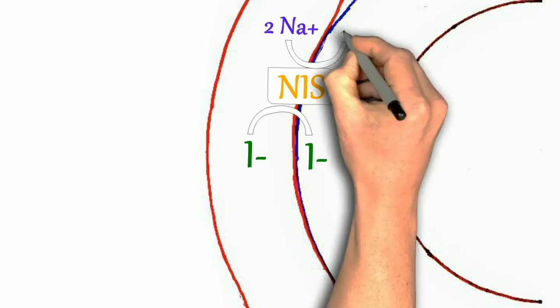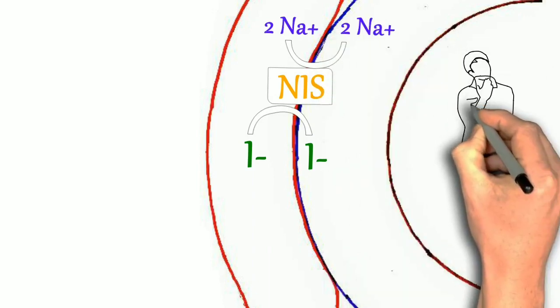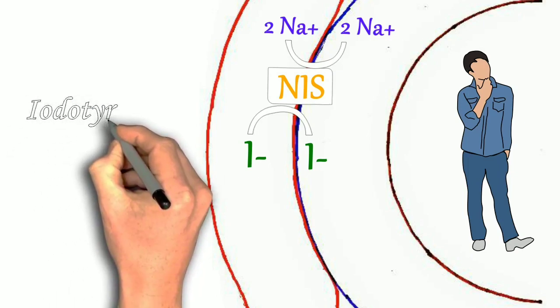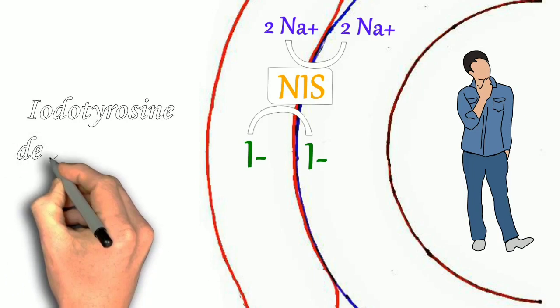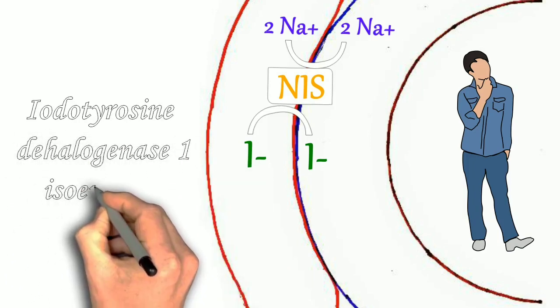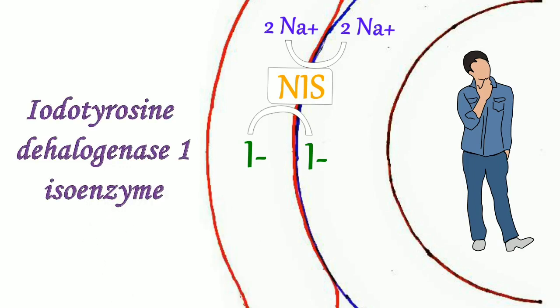But hold on, is this the only source of iodide in the thyroid? Certainly not. Intrafollicular cell iodide is also generated by the action of an enzyme. The name of the enzyme is iodotyrosine dehalogenase 1 isoenzyme.